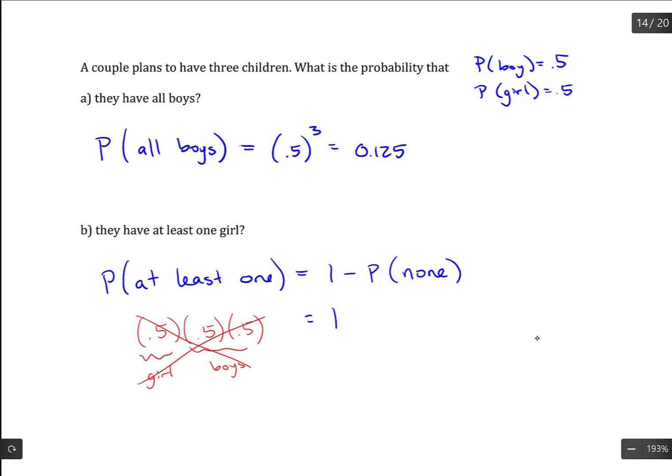So we need to figure out what's the probability of having none, which in this case would be none of the 3 are girls.